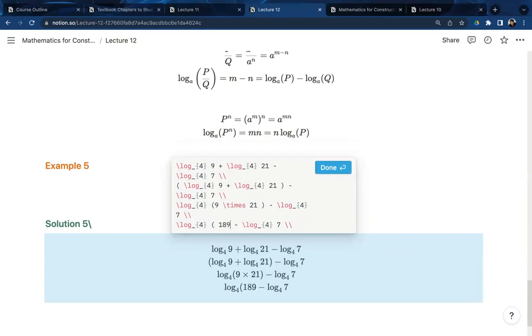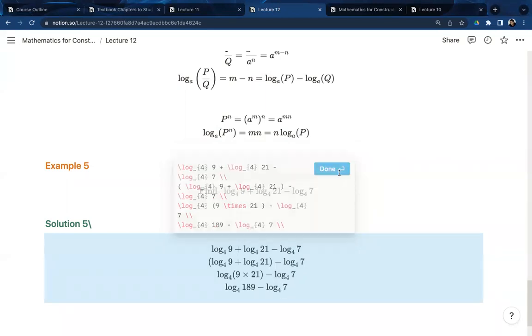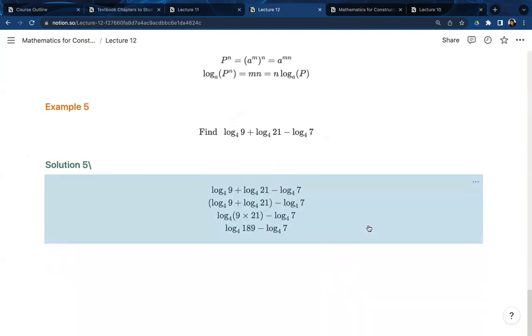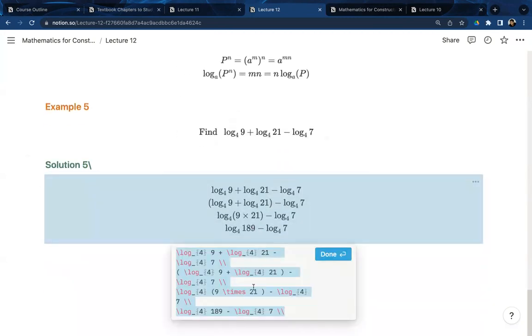So that's 189. And now we're subtracting logs, and subtracting logs means divide. You say log a of p minus log a of q is log a of p divided by q. So this here is the log of a fraction.